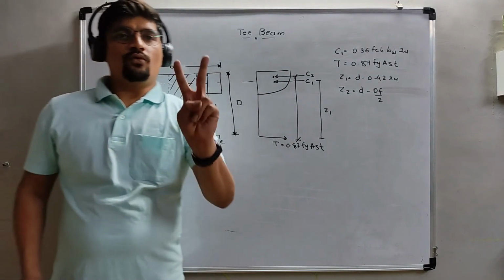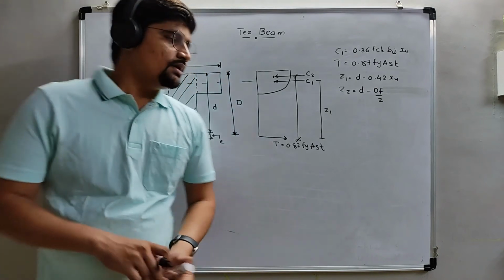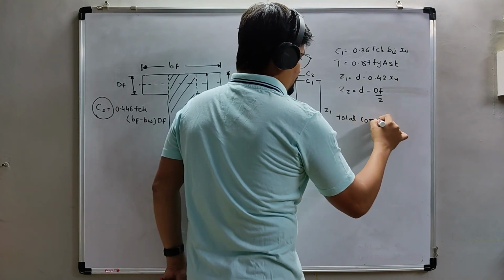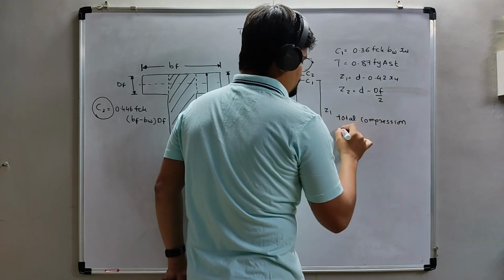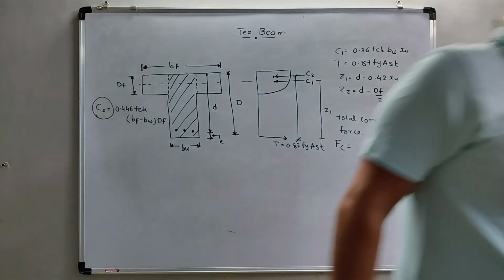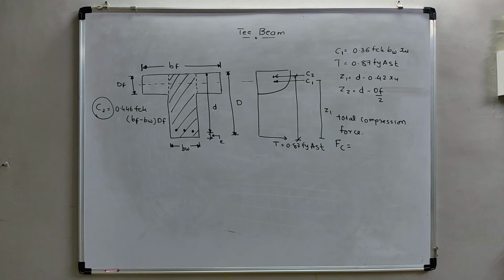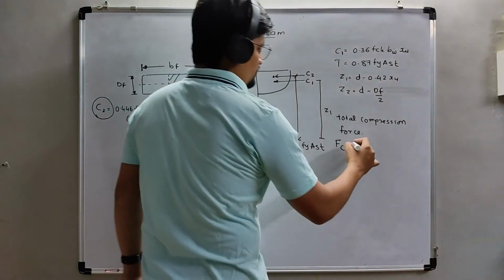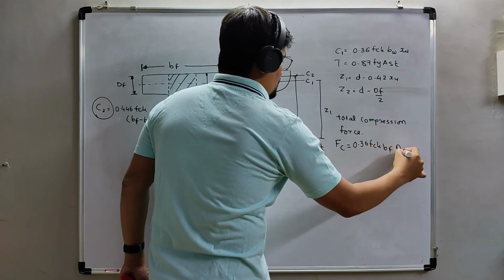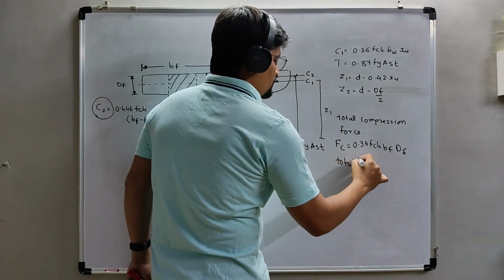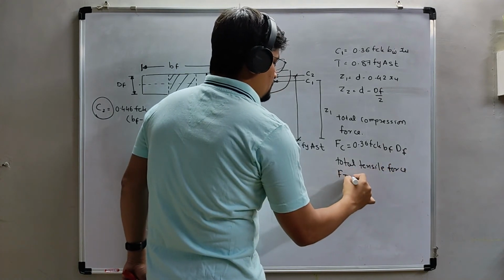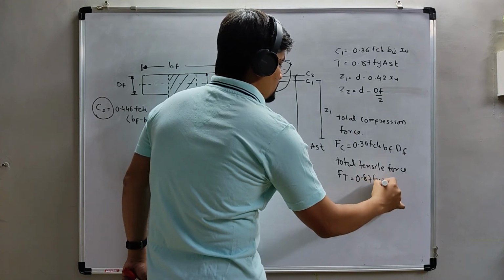But mainly there are two forces in the T-beam: total compression force, which is Fc, due to flange force, so 0.36 fck bf Df, and total tensile force, which is Ft, 0.87 fy Ast.